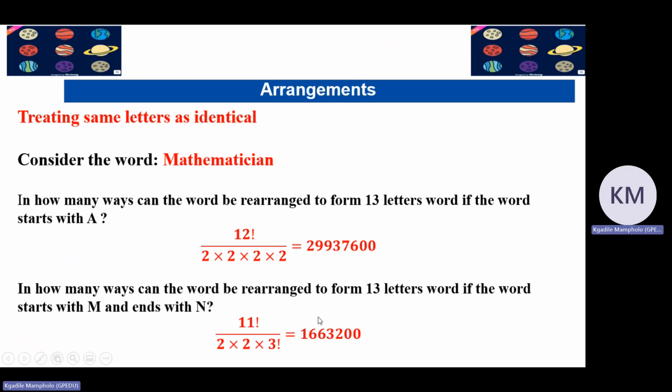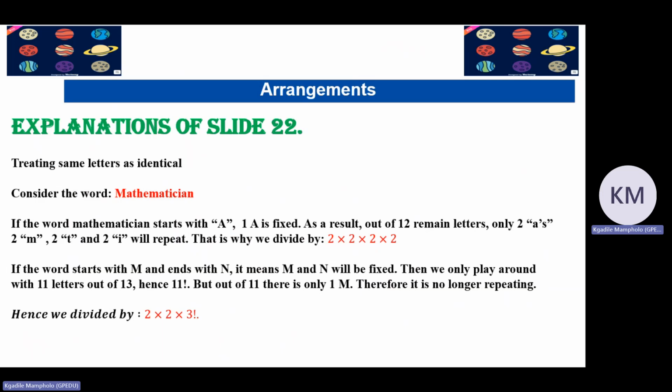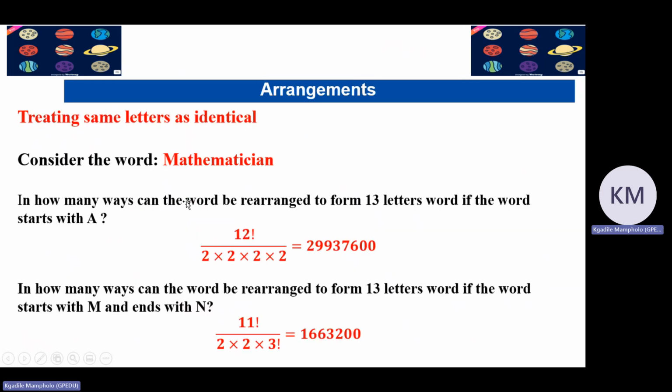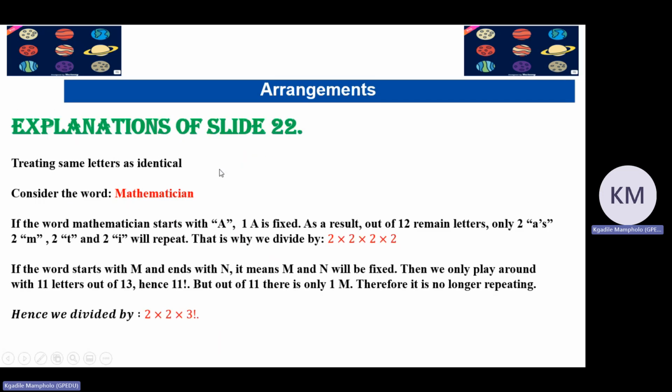Then the answer will be the possible number of ways that can be formed if the words start with M and end with N, and we're treating same letters as identical. Here is the explanation to say M is no longer repeating because now 1 is fixed, we'll remain with 1 M. The first one, starting with A, it means A will remain 2 A's.